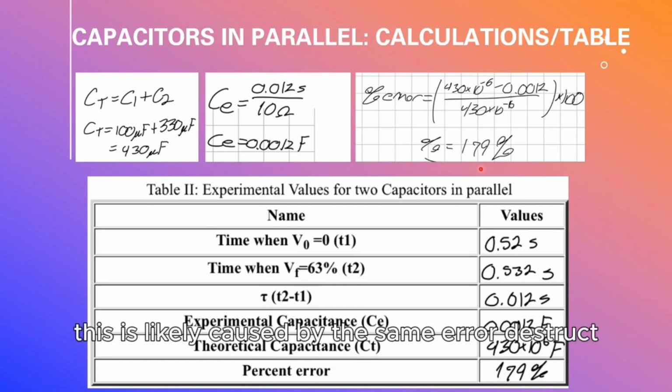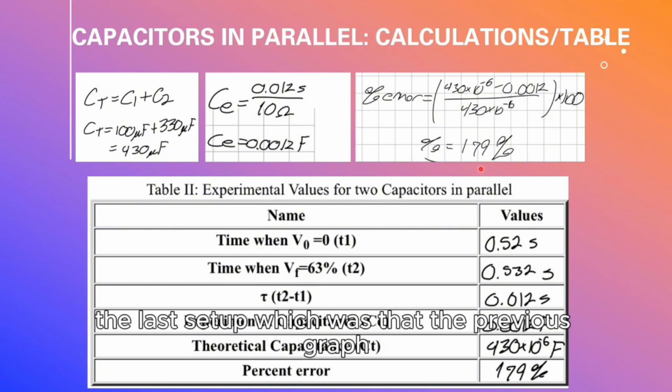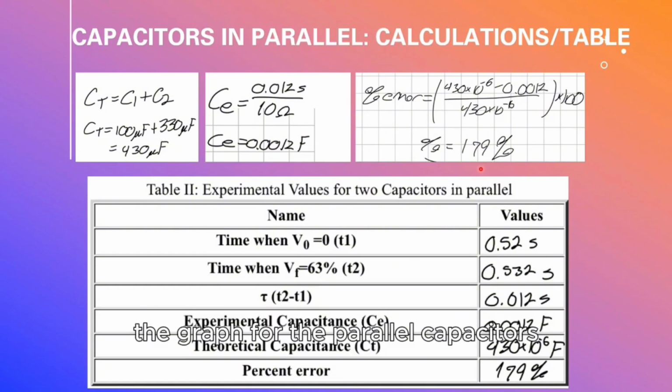This is likely caused by the same error that struck the last setup, which was that the graph for the parallel capacitors seemed rather linear, not exponential, as is to be expected when reading how a capacitor behaves.